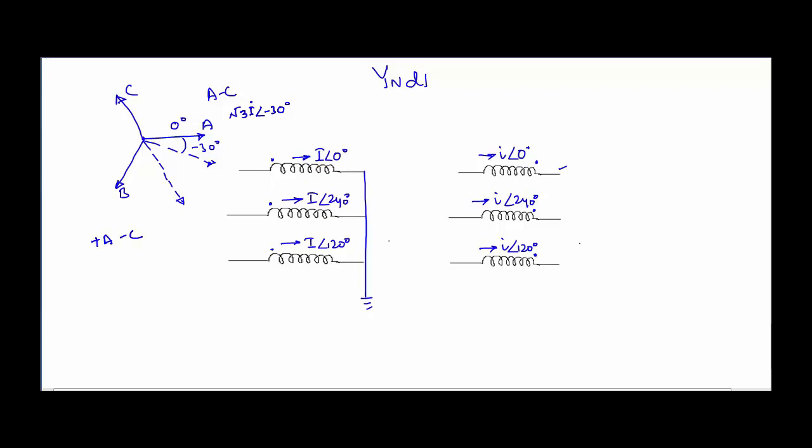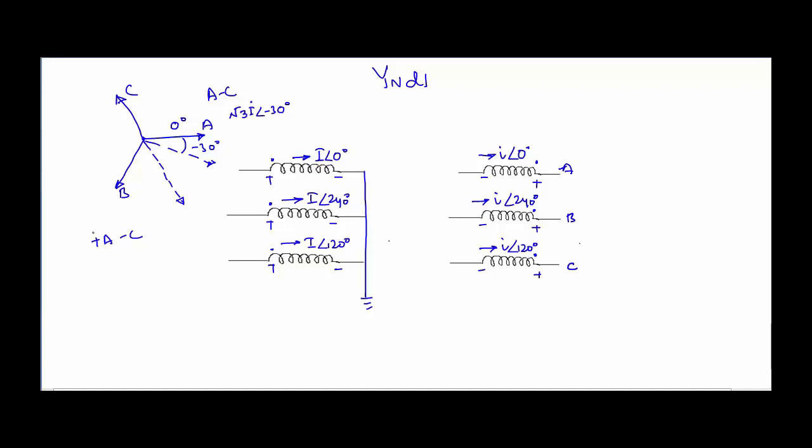As we have already said, if we have plus at all these 3 points, then this is going to be minus, so we have minus at all these points. Similarly we have plus at this point, plus at this point, and plus at this point, and minus at this point, minus at this point, and minus at this point. So this is A phase, this is B phase, and this is C phase.